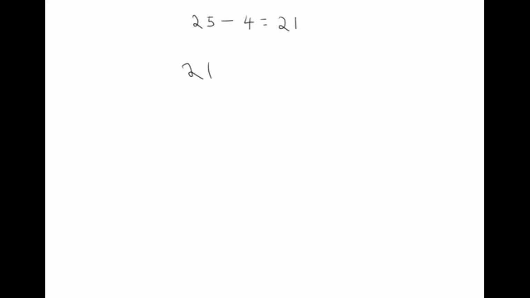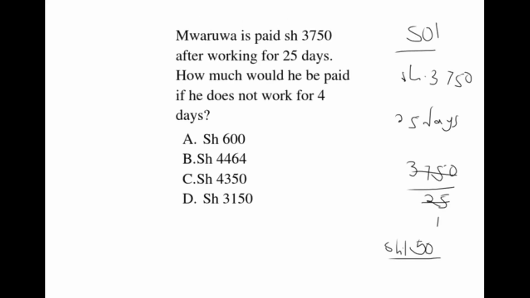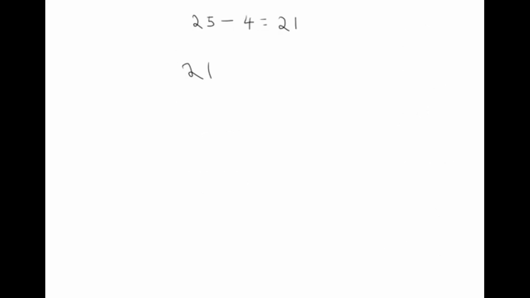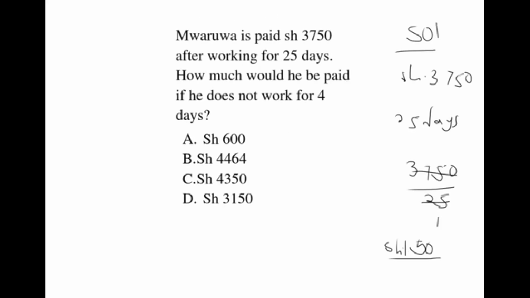Then, if he is paid 150 shillings per day, you multiply 21 times 150. We get 3,150. Therefore, our correct choice is D.